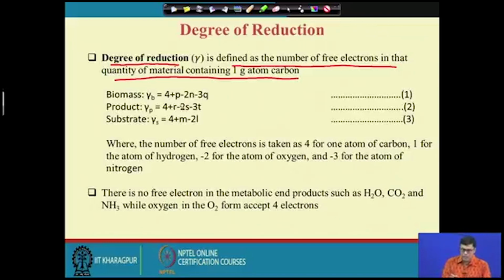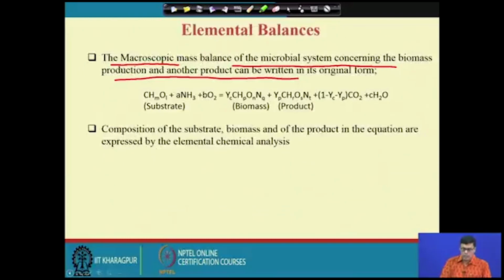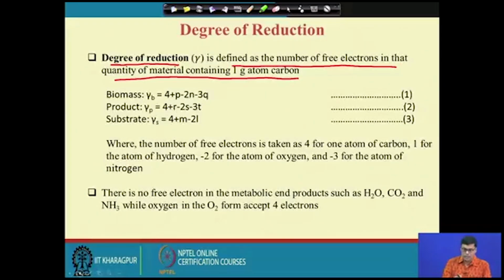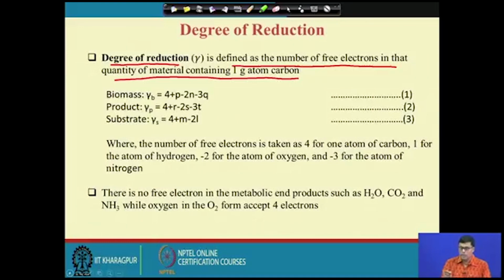If you look at the biomass, this is the formula of biomass, C H P O N N Q. This is how you can write the free electron balance with respect to biomass, which we express as gamma B.